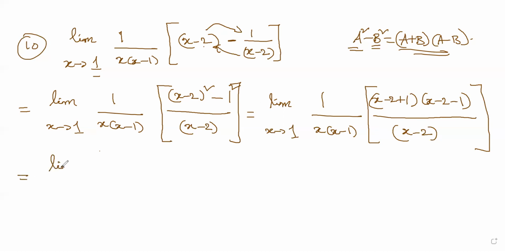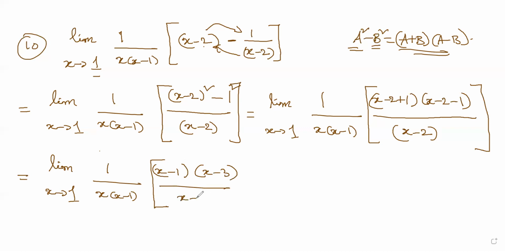Now we have limit x tends to 1. So x minus 2 plus 1 is x minus 1. You have 1 by x into x minus 1. Here you are left with x minus 1 into x minus 3, divided by x minus 2.